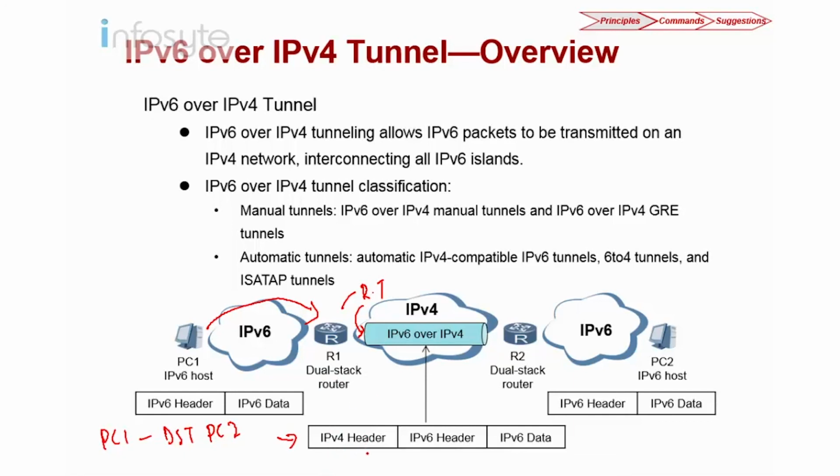So here I'm going to include the IPv4 header with the destination of R2 and encapsulate the IPv6 header and the data into IPv4, and transmit over IPv4 and terminate at R2. R2 will remove the IPv4 header and extract only the IPv6 header. Okay, now this is a very general overview of how the tunnel actually works.